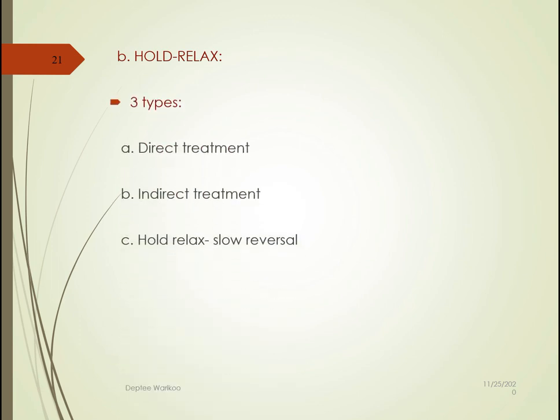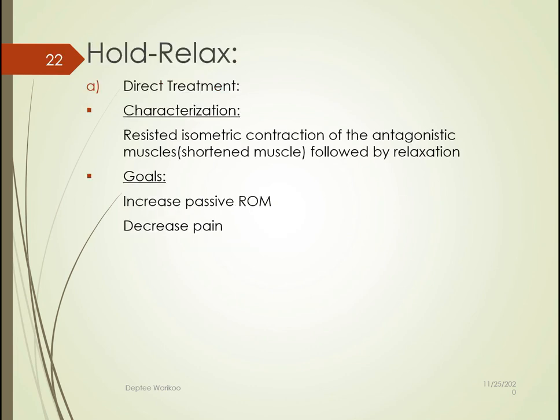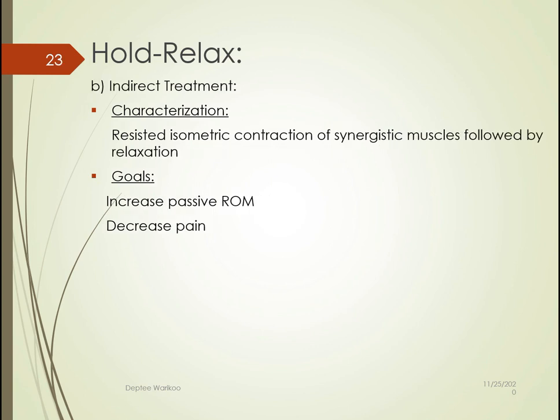Okay. Next is the hold relax, which I told you about initially. There are three types: direct treatment, indirect treatment, and hold relax with a slow reversal. Okay. So direct treatment is when there is resisted isometric contraction of the antagonist muscles followed by relaxation. It is mainly given to increase passive range of motion and to decrease pain.